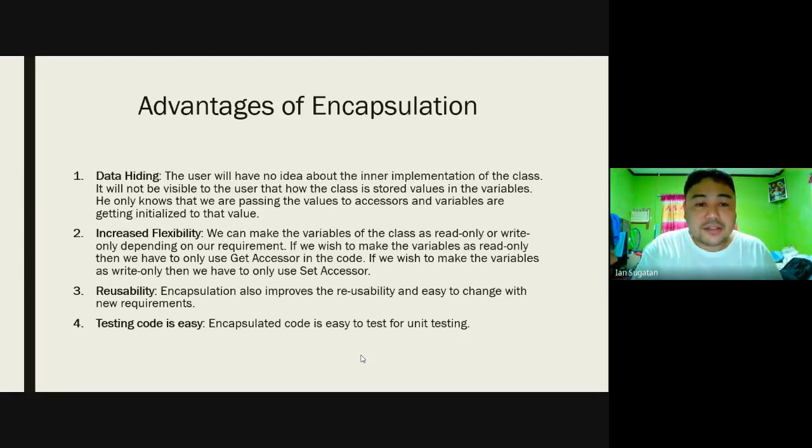Now let me explain again the advantages of encapsulation. First of all is data hiding, which we discussed earlier. So the user will have no idea about the inner implementation of the class, and it will not be visible to the user how the class stores values in the variables. But he only knows what data values are passed to the accessor, and the variables are getting initialized to that value.